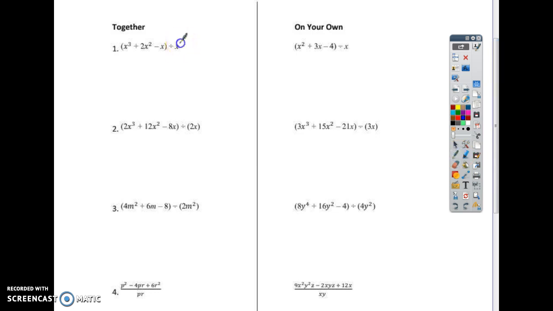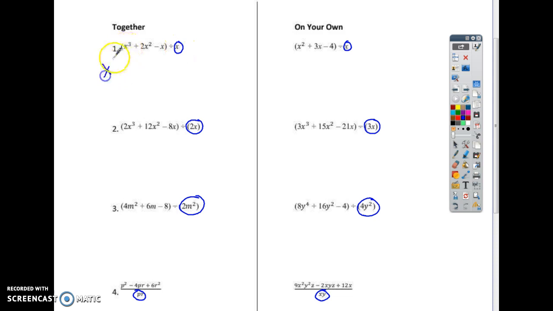If you are dividing by a monomial, that means one thing. If you're dividing by a monomial, like this one, or this one, or this one, or this one, then you are going to separate this into 3 things and divide each one by that.